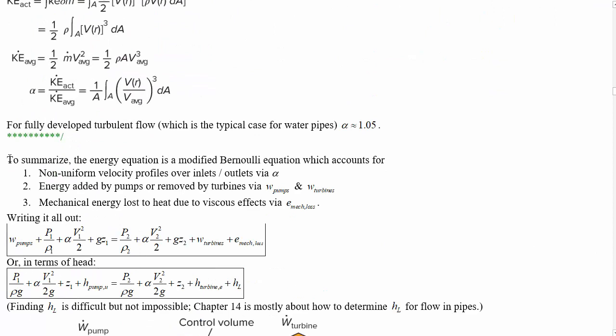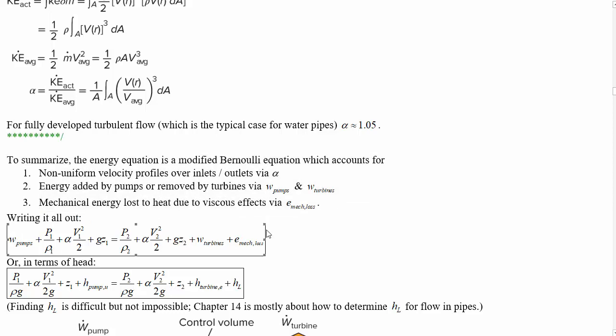Next, we're going to summarize. The energy equation is a modified Bernoulli equation that accounts for non-uniform velocity profiles over inlets and outlets with that alpha, energy added by pumps or removed by turbines with these terms, and mechanical energy lost to heat due to viscous effects from this E-mech loss term.